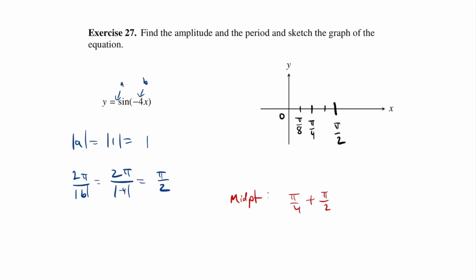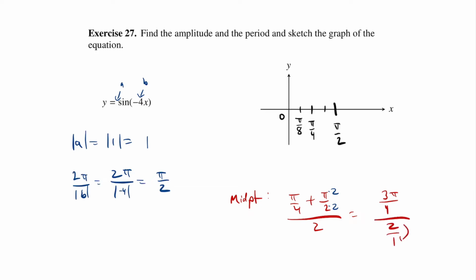We add them, and then we divide by 2. The LCD would be 4, so that's going to be 3/4 pi, divided by 2, which is the same thing as multiplying by the reciprocal. So you get 3/8 pi.